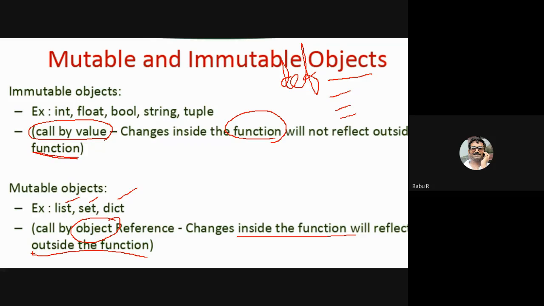Immutable objects: if I'm using the call by value method, any changes I make inside the function will not reflect outside the function.